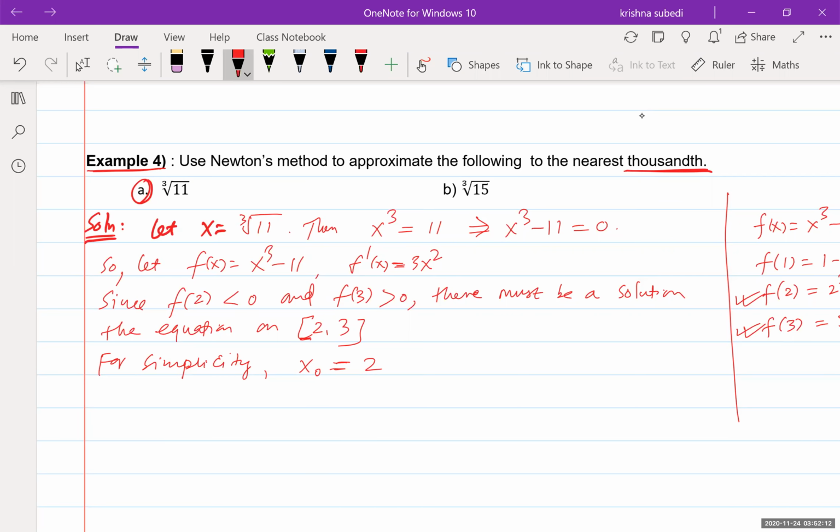Now let us calculate our second value, x1, the second root. The formula is x naught minus f of x naught over f prime of x naught.